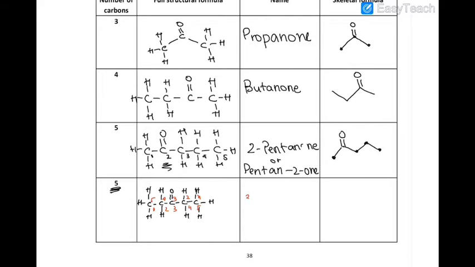So this is going to be 3-pentanone or pentan-3-one. That's the skeletal formula: 1, 2, 3, 4, 5 carbons. The functional group is on the 3rd carbon, so 3-pentanone.